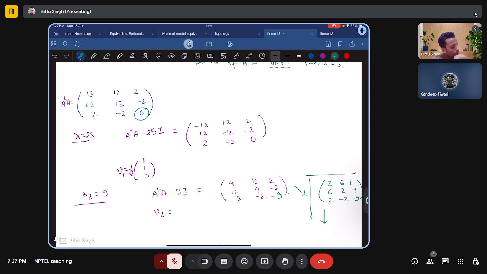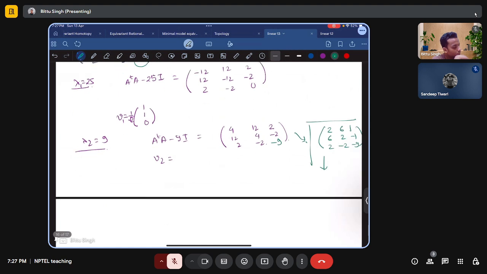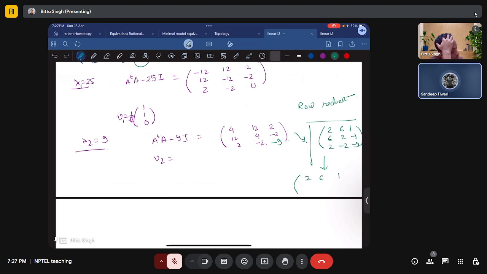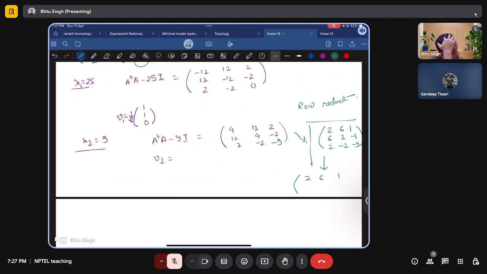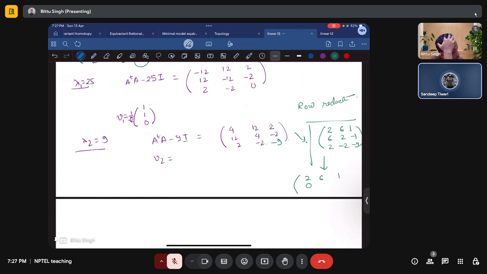Now further subtraction, so this is row 2: 2, 6, 1, minus 4, 16. The second row will become 0, 0, minus 16.